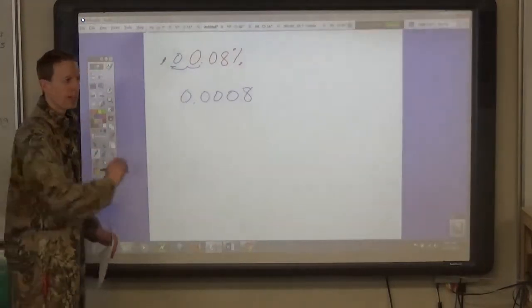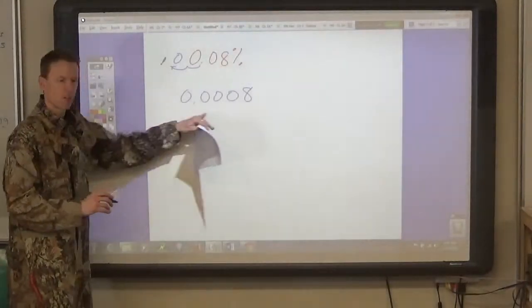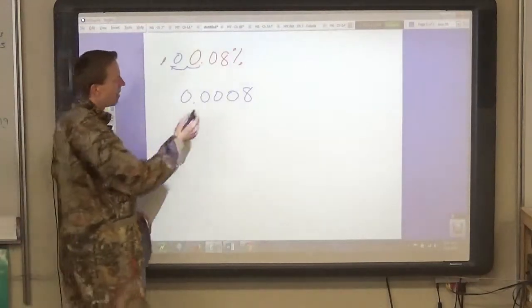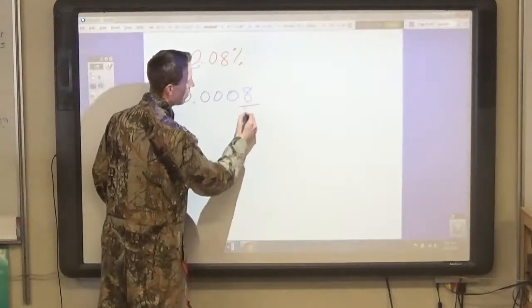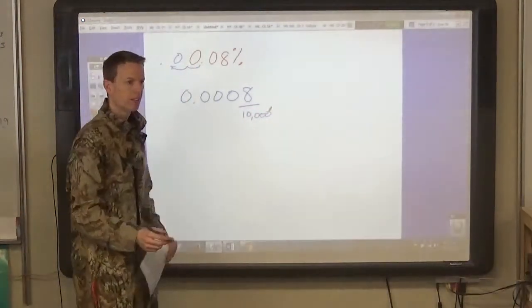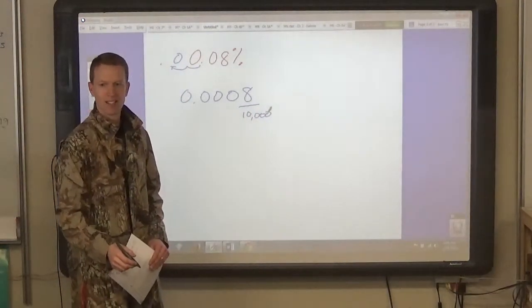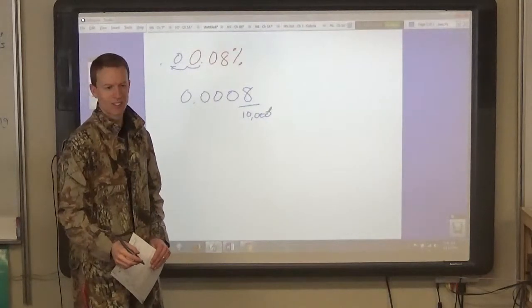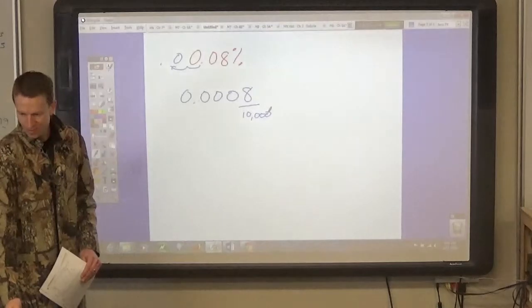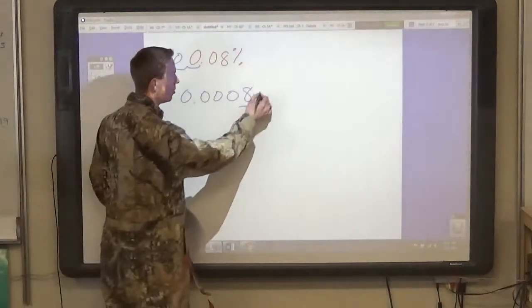Now, read this decimal and write it as a fraction. What is that? 8 over 10,000. So 8 over 10,000 and reduce it. What is that reduced? What would you do? Okay, divide it by 2.